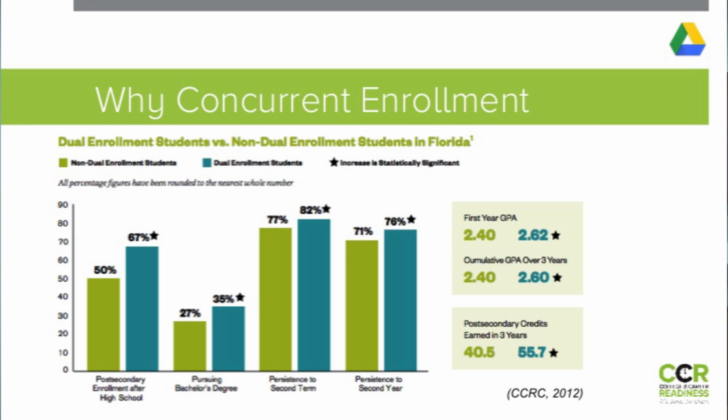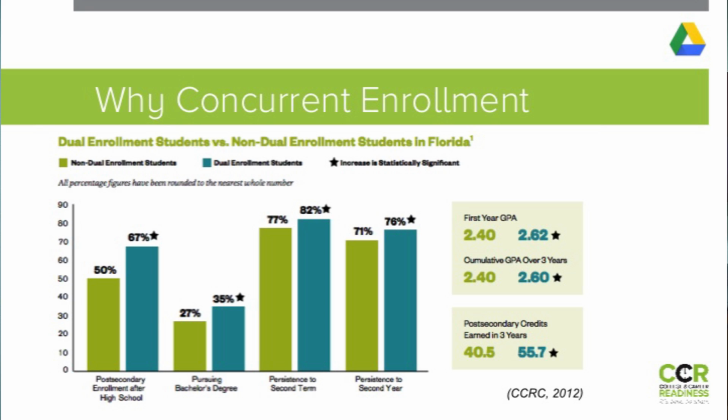You can also see that there is a significant GPA advantage for students that have completed a dual enrollment course. The average first-year GPA of a dually enrolled high school student once they enter college is 2.62 versus 2.40 for a student that has not completed a high school dual enrollment course.